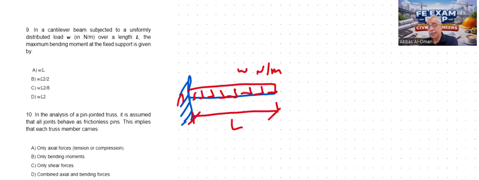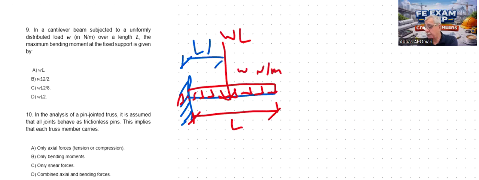So the maximum bending moment: the resultant force acting on the beam is WL, because it is uniform all over the beam. So WL multiplied by the point of application, which is L over 2. So this is L over 2, is the distance.